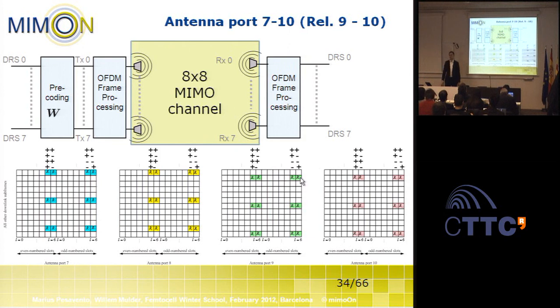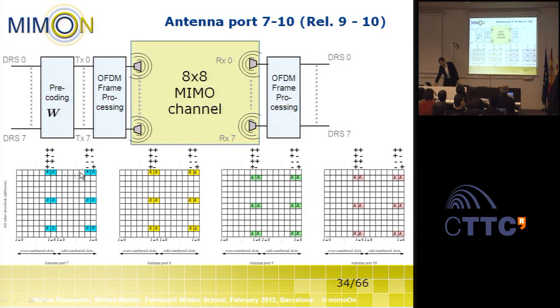On top of this, to further separate these 2 orthogonal resource patterns, we use CDMA, so orthogonal sequences are used to further distinguish different antennas.